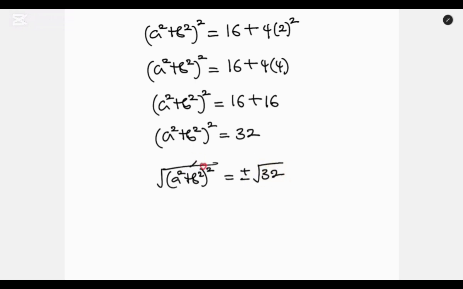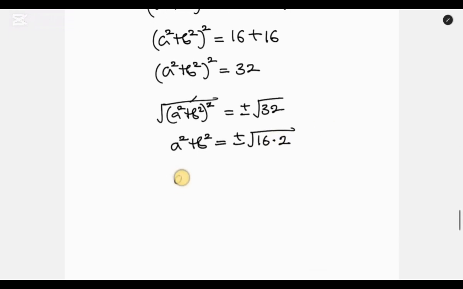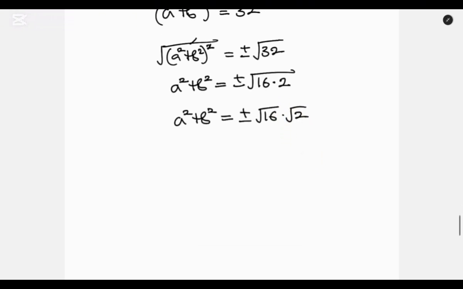Now notice that this square root cancels out the square, leaving behind a squared plus b squared to be equal to plus or minus the square root of 32, which is the same as 16 times 2, which can further be simplified into a squared plus b squared equal to plus or minus the square root of 16 times the square root of 2. Very good. Now this becomes a squared plus b squared equal to plus or minus the square root of 16 is 4 times the square root of 2.